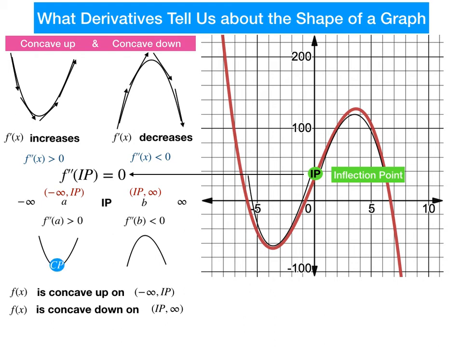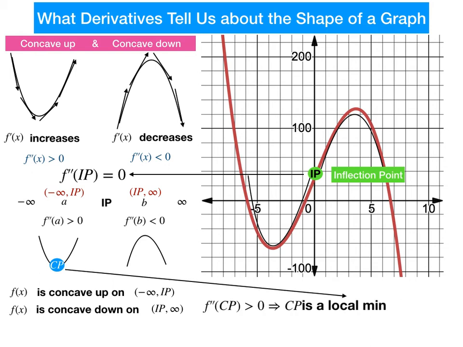So if you have a critical point that is located on a concave up interval, you see that that critical point is clearly a local minimum, right? Which means if you plug the critical point into the second derivative, you get a positive value, which means that critical point is a local minimum.